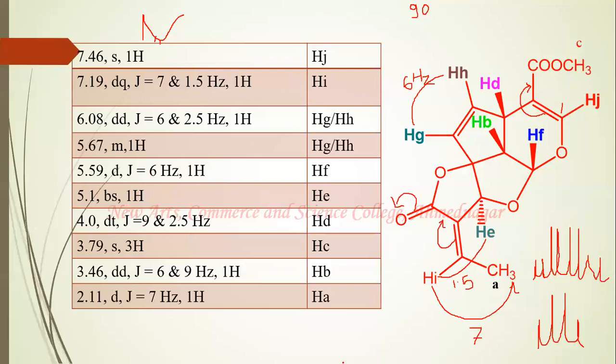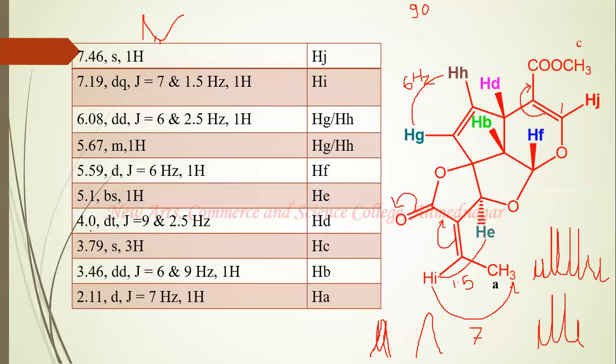Due to the small coupling constant value between He and Hi, the signal, instead of becoming a doublet, appears like a broad signal like this. So this splitting is not observed and the signal becomes broad. So the 5.1 broad singlet is because of the He proton.